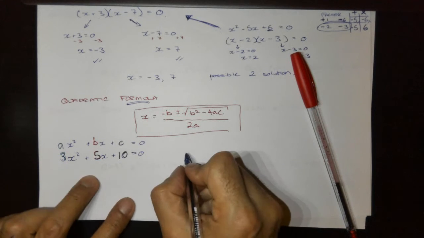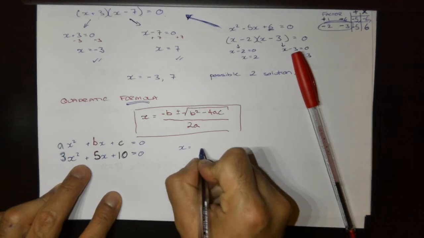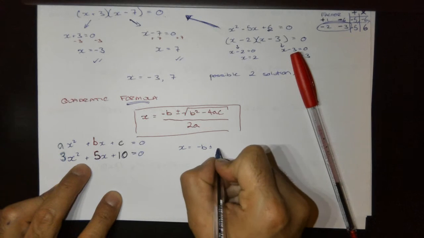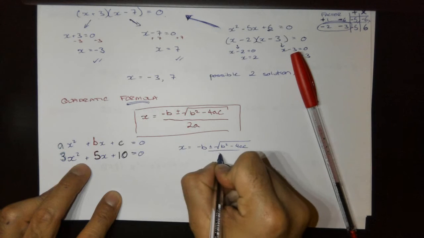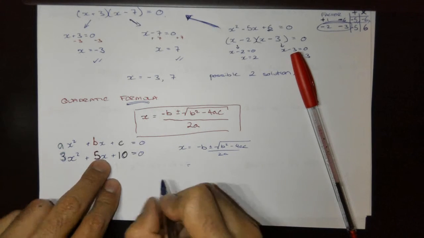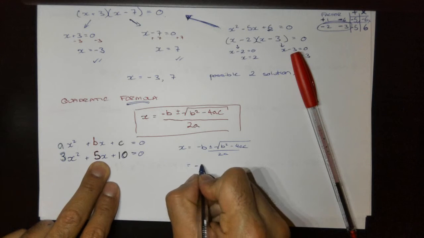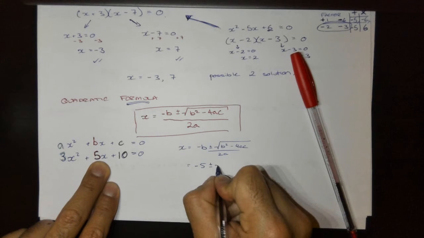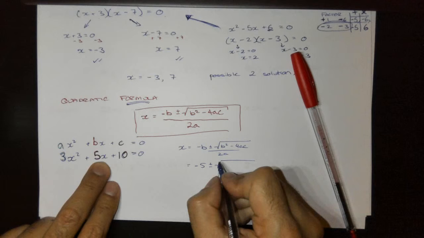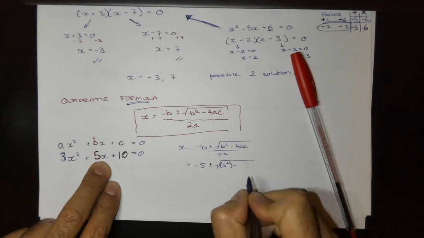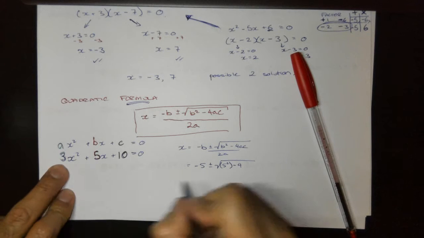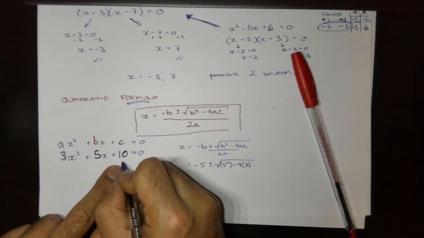So we've got x equals minus b plus or minus the square root of b squared minus 4ac over 2a. So minus b, our b is 5, so that's going to be minus 5, plus or minus the square root of 5 squared minus 4 lots of a is 3 and c is 10.